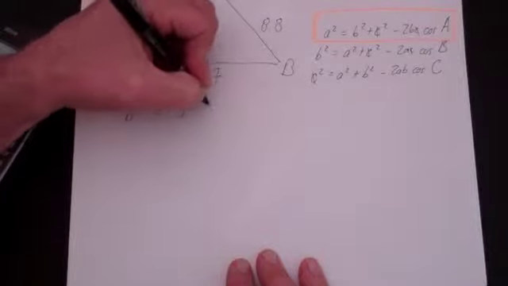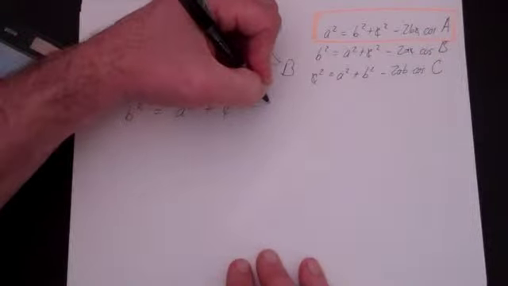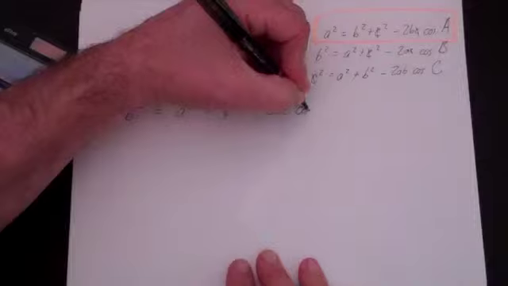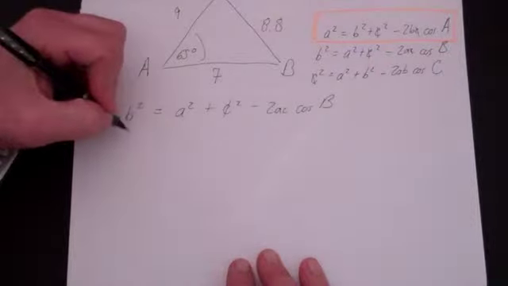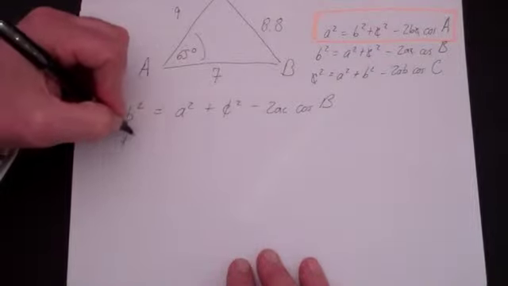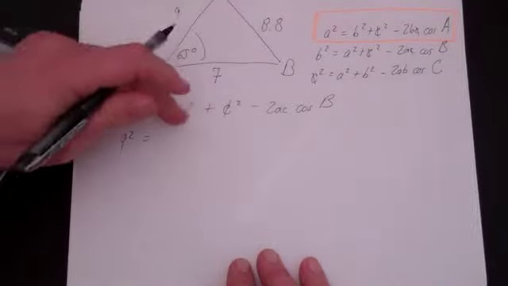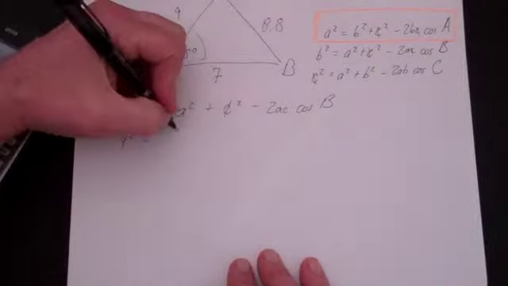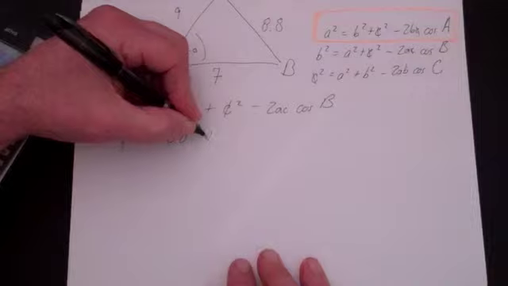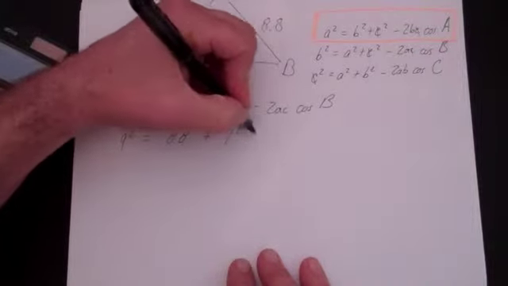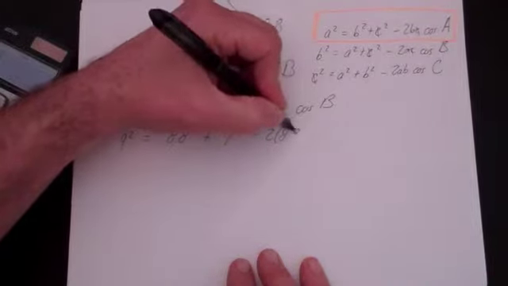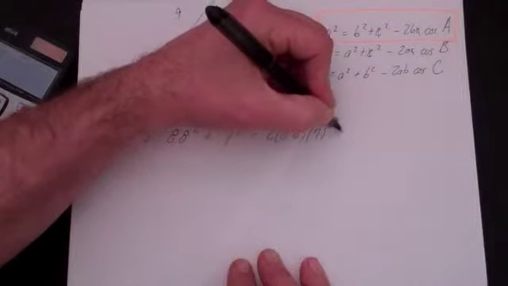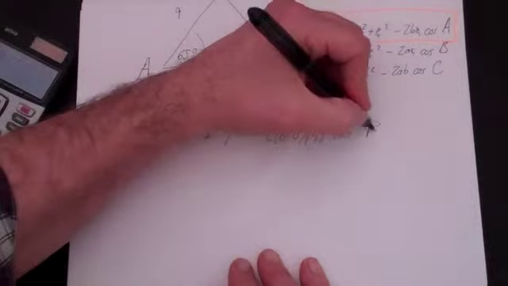That's b squared is equal to a squared plus c squared minus 2ac cosine B. Let's plug things in. That is 9 squared, 8.8 squared, plus 7 squared, minus 2 times 8.8 times 7, cosine, and B is what we don't know.